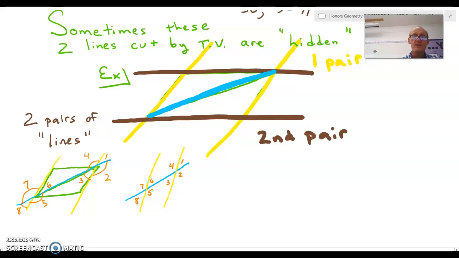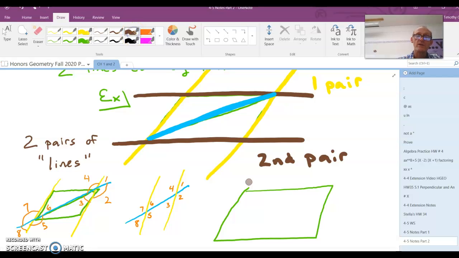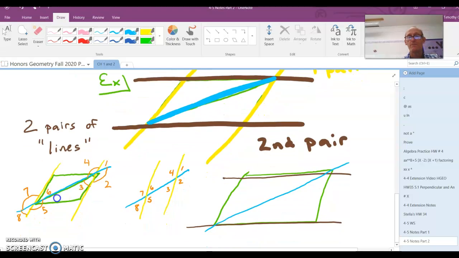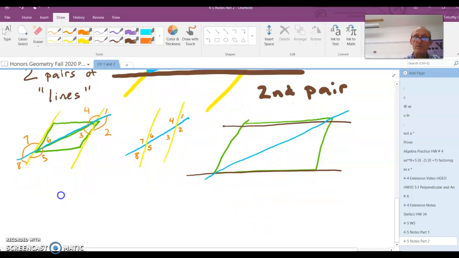Now, let's take a look at the brown ones. For the second pair, first let's get our quadrilateral, then the brown lines, and then the transversal. So that is taken out right here.